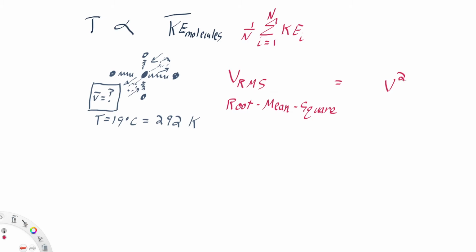So velocity could be either positive or negative, but the square of velocity is always going to be positive. After we square it, then we take the average. And so we might average over all the atoms. And once we have taken that average, then we take the square root.